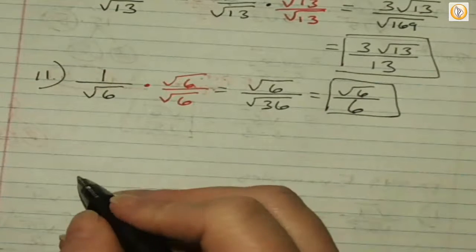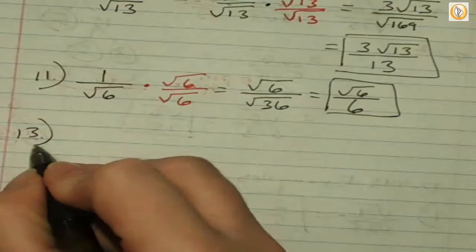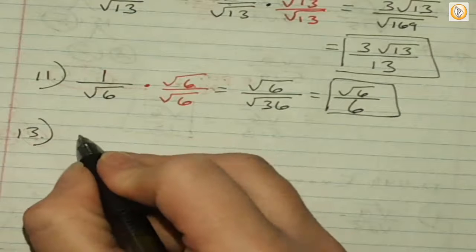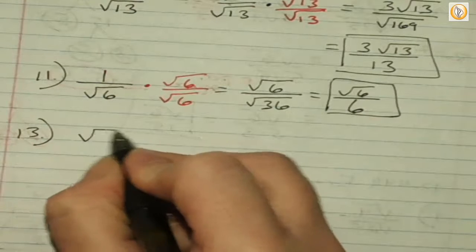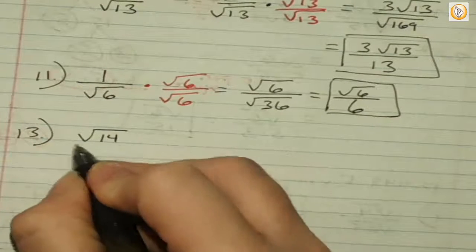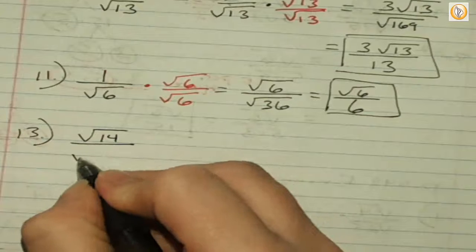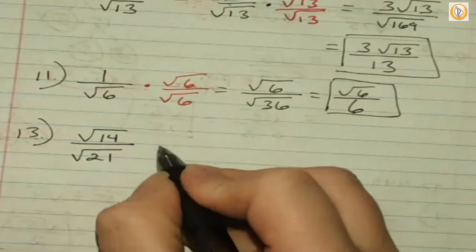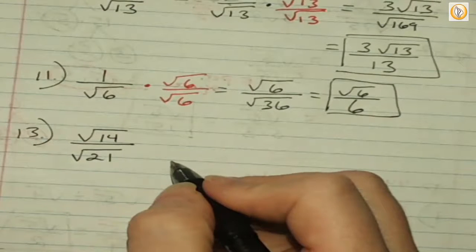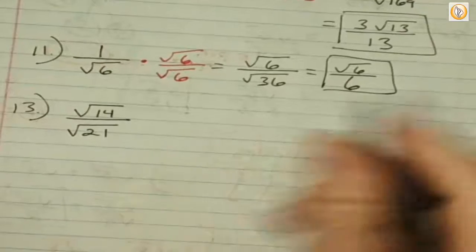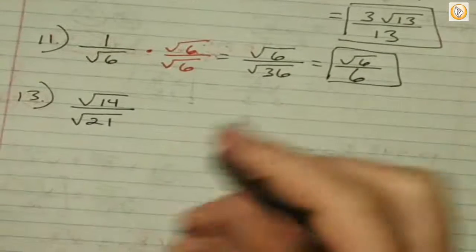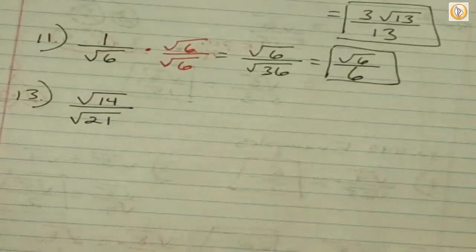All right. 13. Aiden, square root of 14 divided by square root of 21. Think of those being divided by 7. Oh, I like that.